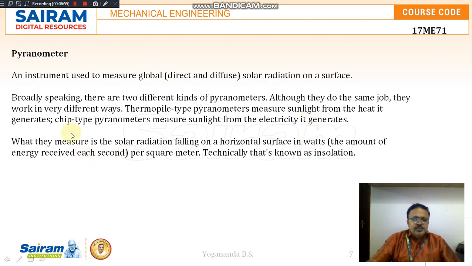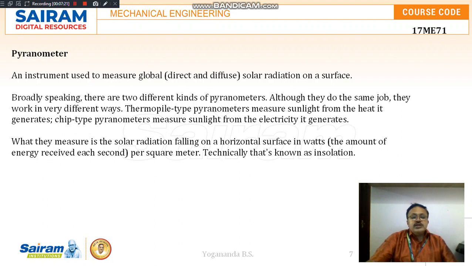Whereas the chip type of pyranometers measure the sunlight by calculating how much electricity is generated. So thermopile type measures the sunlight based on how much heat is generated, whereas the chip type pyranometers measure the sunlight from the quantity of electricity it is generating.